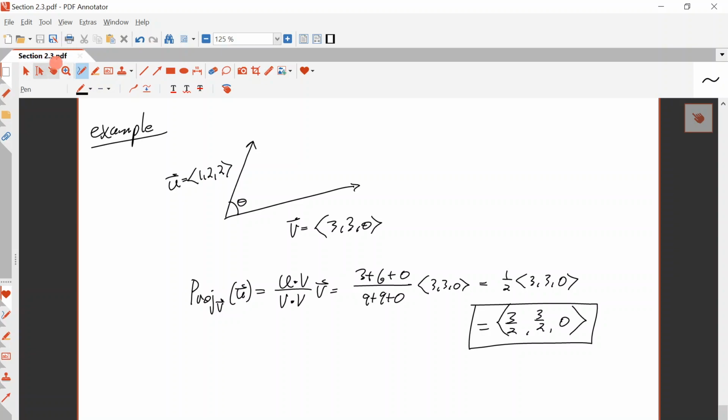Okay? So that's the projection of u onto v. That's right here. Do it in red. All right, this is the orthogonal bit, and this is the projection. So now let's find the orthogonal part.